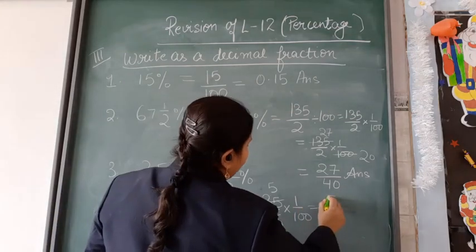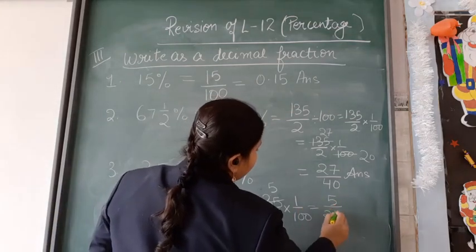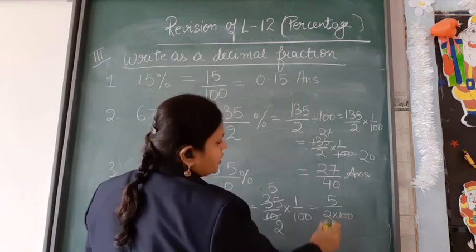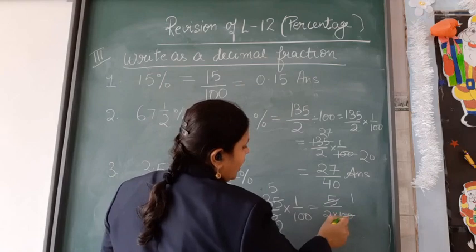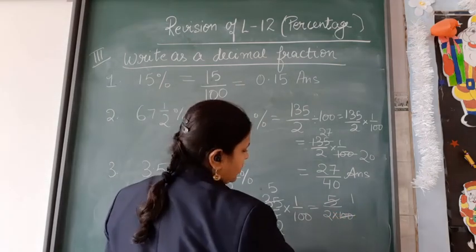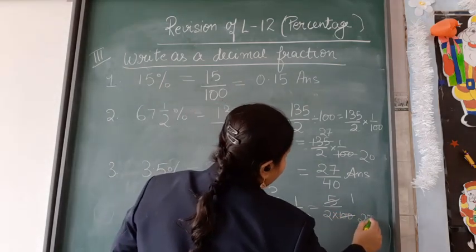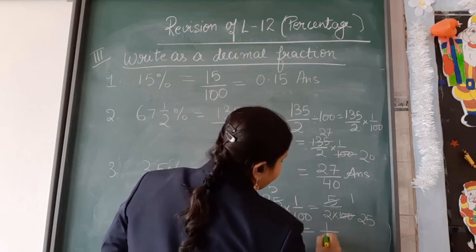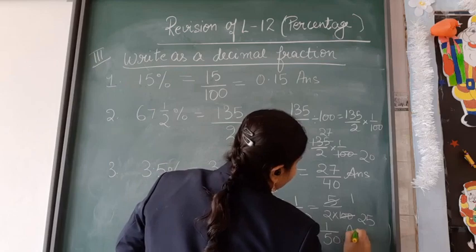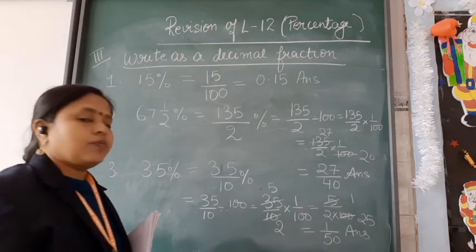So now we have 5 upon 2 multiplied by 100. Again we will divide 5 in the numerator by common 5 and 100 in the denominator by common number 5, and it will be 20. So now what is left? 1 upon 2 multiplied by 20, that is 40. So our answer is 1 upon 40.